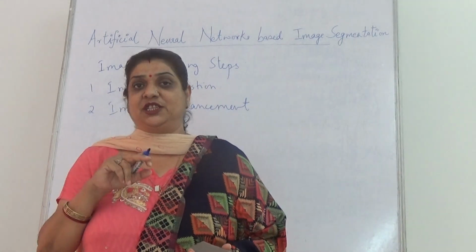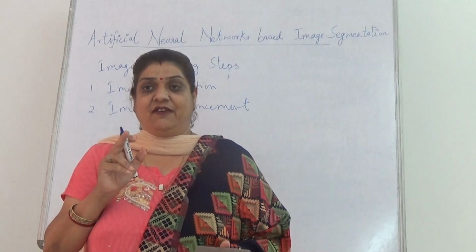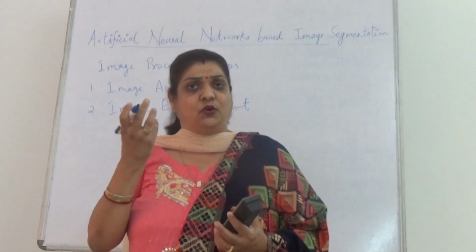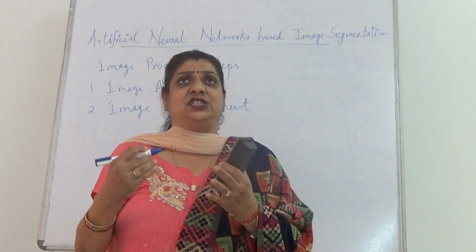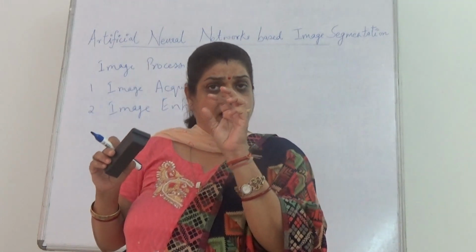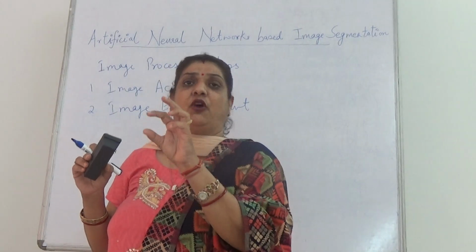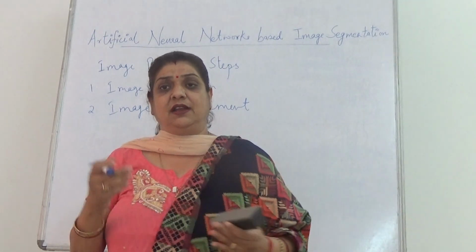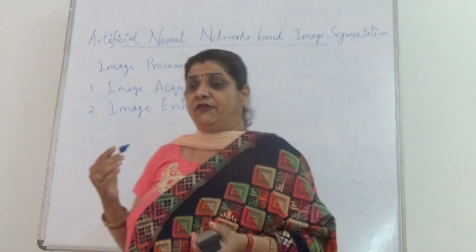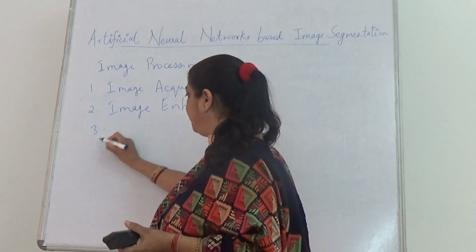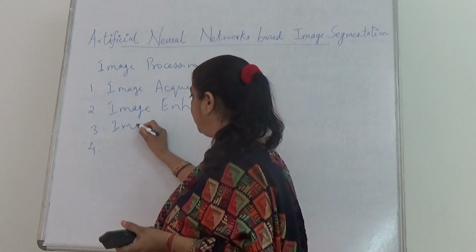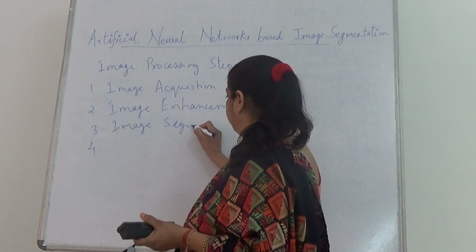The third step involved in image processing is image segmentation, wherein we do the image analysis. Image segmentation is basically partitioning of an image into various segments for analyzing a particular region of interest. So image segmentation is basically used to perform image analysis. Finally, the fourth step is object recognition with the help of the image segmented output.